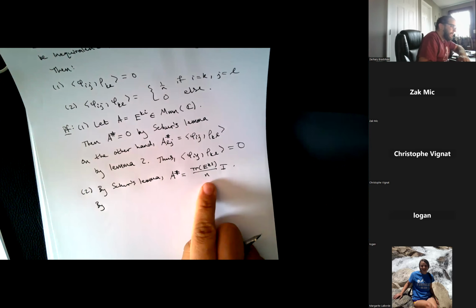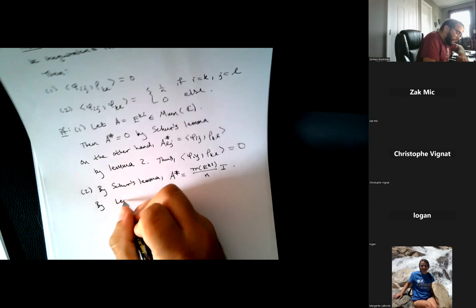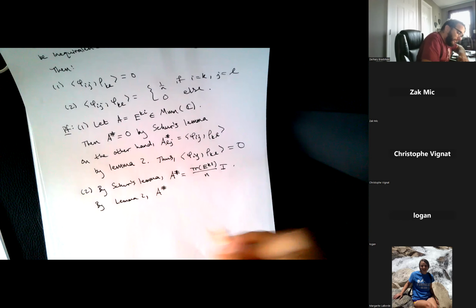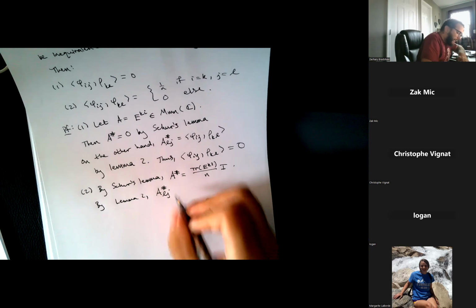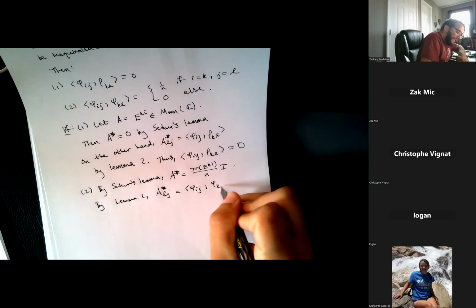So this is Schur's lemma in that second variant that we proved earlier. By lemma 2, the LJ component of this map is equal to the inner product of phi_ij with phi_kl.